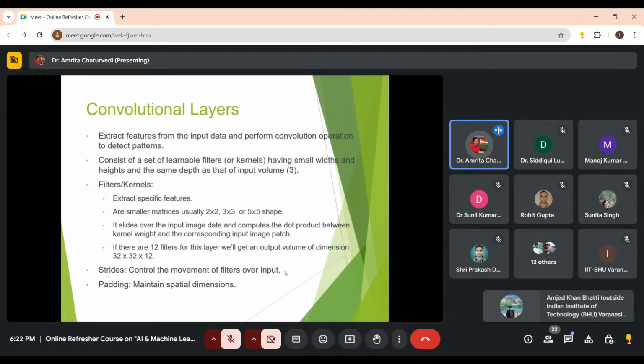The kernel will have some smaller dimension, that is 2 cross 2, 3 cross 3, 5 cross 5, or whatever you choose. These filters or kernels extract specific features. They are rolled over the entire image segment by segment, right?